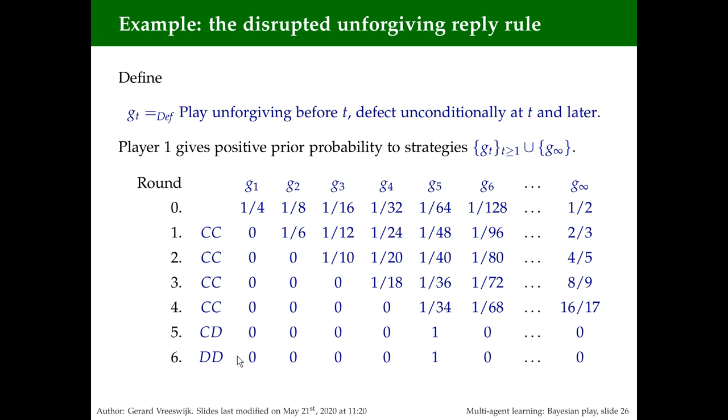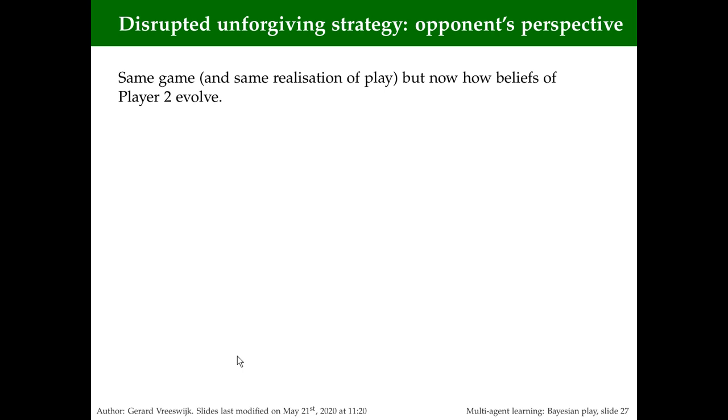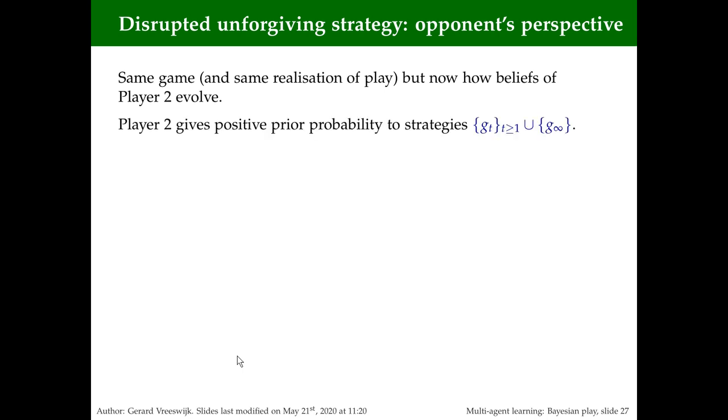So that's one side. Now let's switch sides and look at this development of play from the perspective of the second player, who tries to predict the reply rule of the first player.